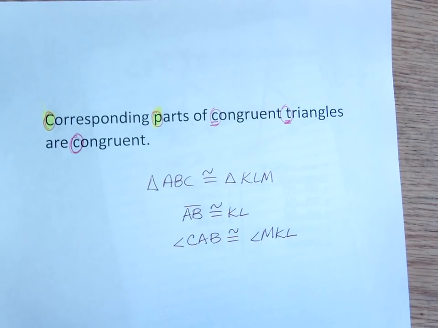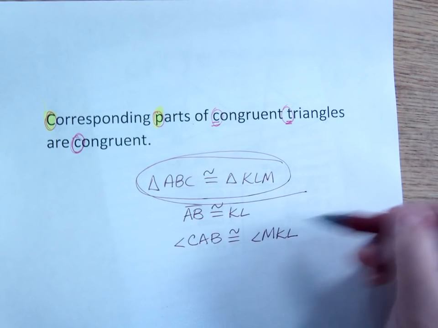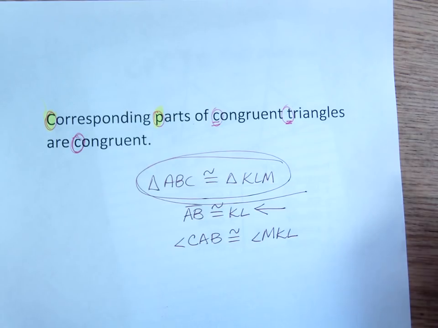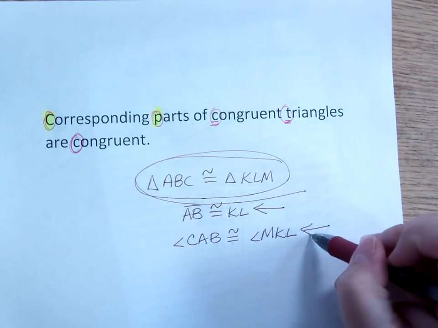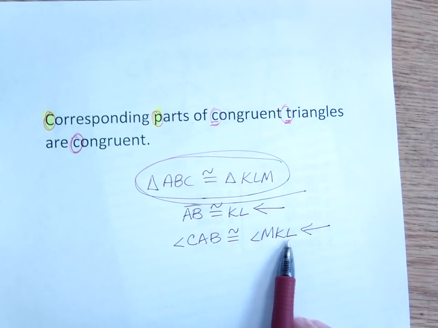Basically I'm saying if I know that the triangles are congruent, then any pair of parts that goes together, like AB and KL, or angle A and angle K, or angle CAB and angle MKL, have to be congruent. So I'm not really saying anything earth-shattering.